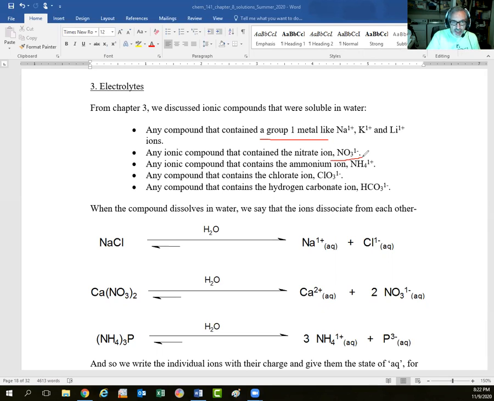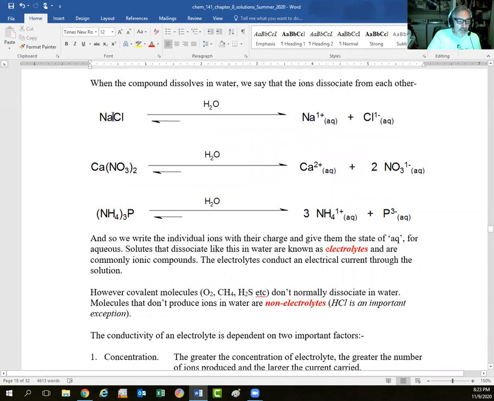Things like nitrate, NO3, ammonium, NH4, chlorate, ClO3, and hydrogen carbonate, sometimes called bicarbonate, HCO3. These were some of the ones which we said would guarantee solubility, guarantee producing an electrolyte in solution.